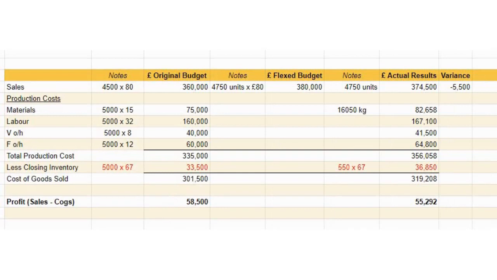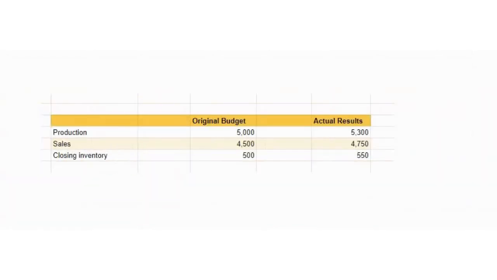So now we move on to the production costs and the material costs, and what we do is take the actual number of units produced and multiply it by the standard cost per unit, which is £15. So in terms of production, the original budget was 5,000. The actual results, we produced 5,300 units.